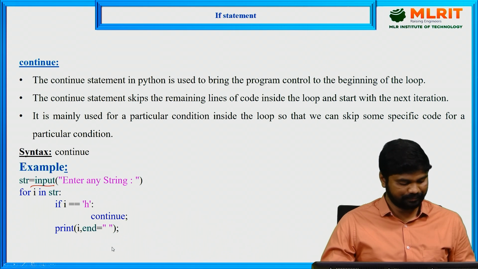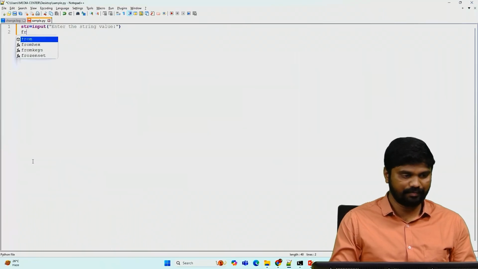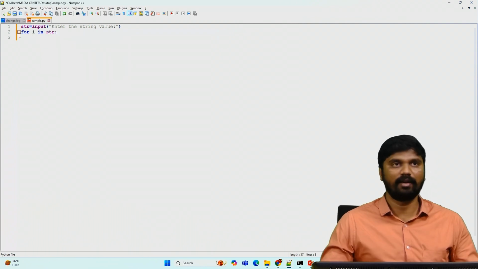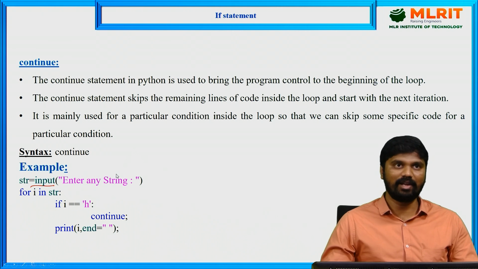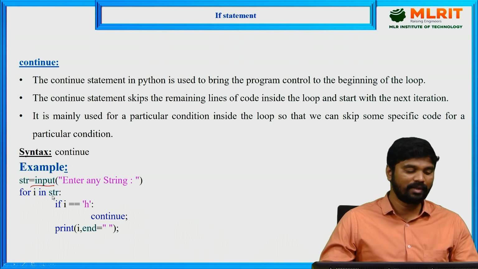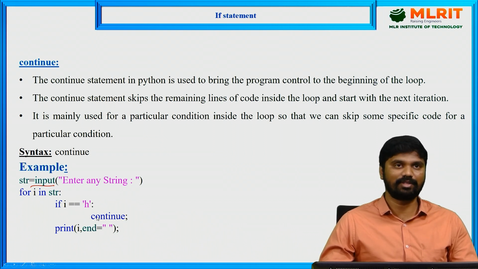Now see, for each value of I in str, right? That means whatever value the user enters has to be assigned to str. Now each and every character will be assigned to the I value. Whenever that character comes to h, that means if the I value becomes h, then you have to skip, and then print.